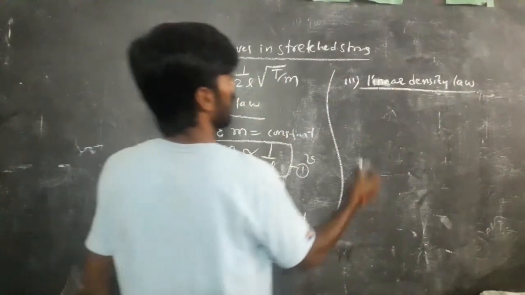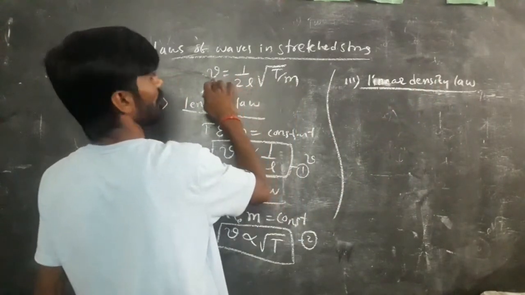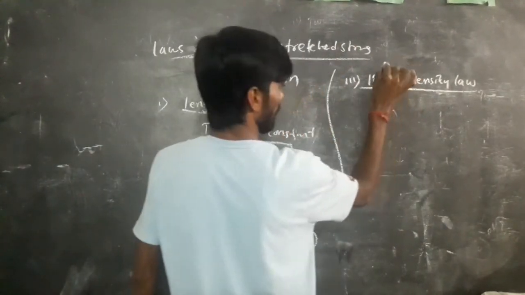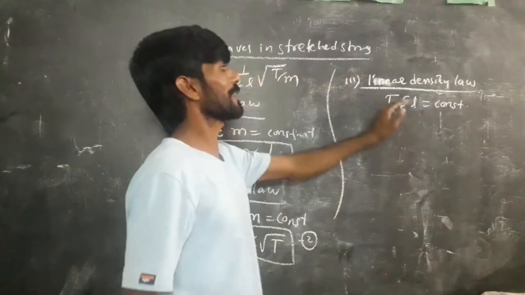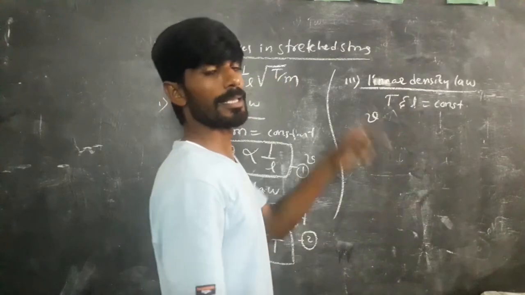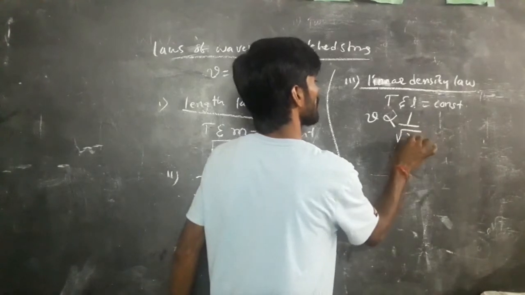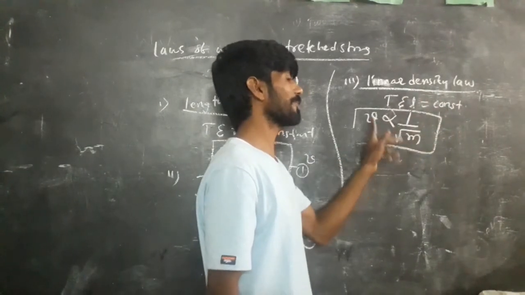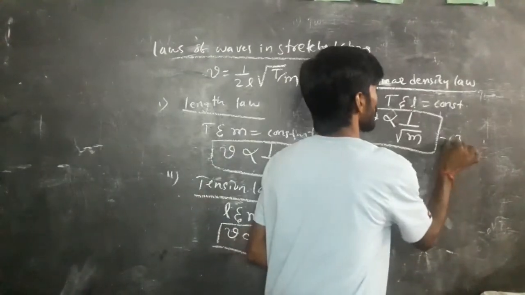If you discuss the relation between linear density and frequency, the tension of the wire and the length of the wire are constant. When the tension and length of the wire are constant, the frequency in a stretched string is inversely proportional to the square root of the linear density. These are the three laws.